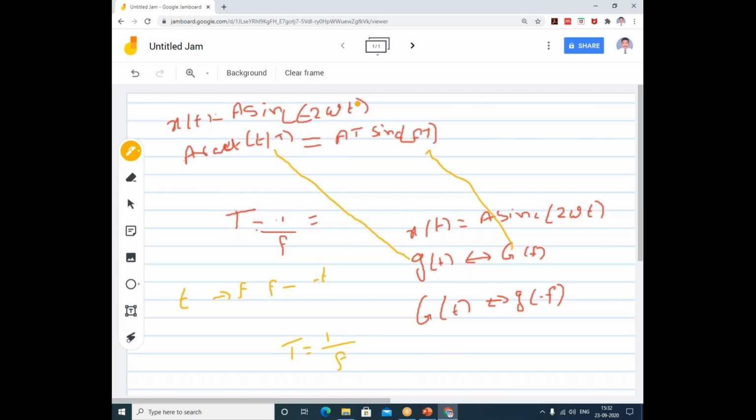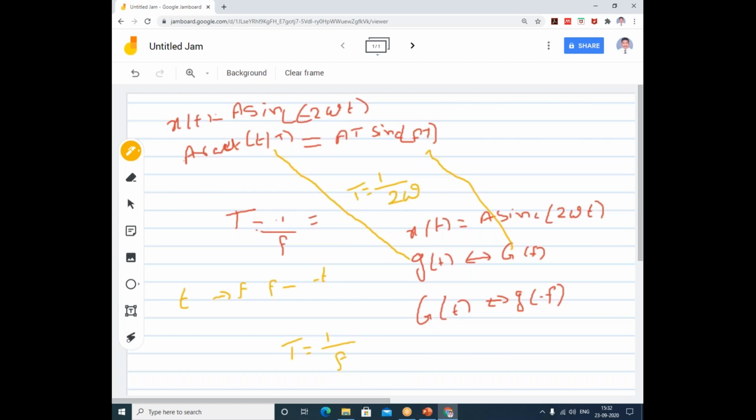So please try to understand. When you change this, your t becomes f and f becomes t. So your capital T, you compare with this. When you compare with this, I can write my capital T as 1 by 2 omega.